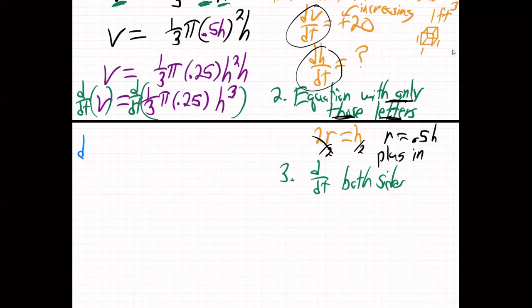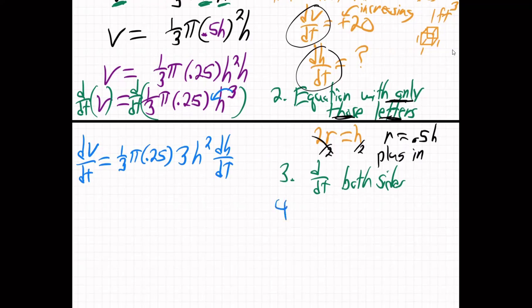So this is going to be dV/dt equals, now what's going to happen on the other side? Well, the 1/3 pi 0.25, that's just numbers. And I can take the derivative of the H, bring down the 3, H squared dH/dt. All right. Now, step 4, plug in.